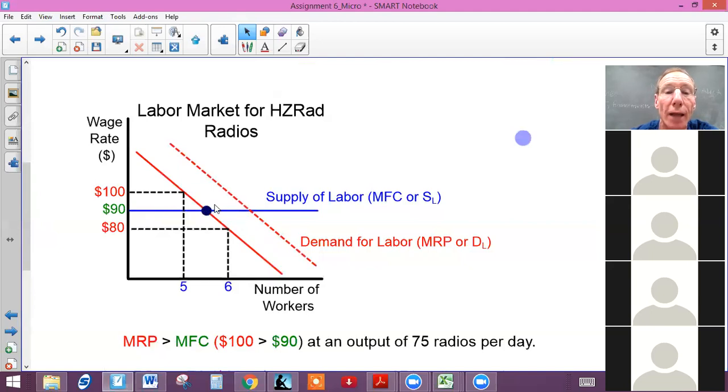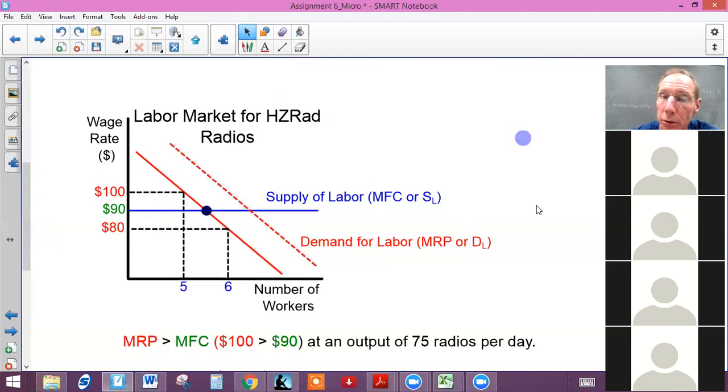If it shifted out that far, that they could hire 7 workers, right? But the wage rate is set by the market. So the wage rate does not change at all. It's set 90 forever, okay?